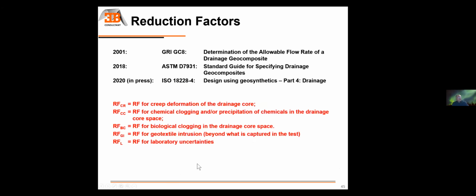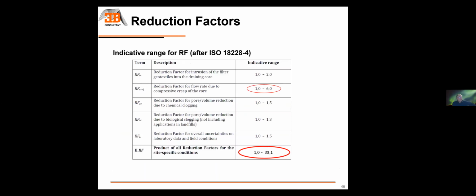Now let's go to the most important part actually. Reduction factors. Again, we have 5 reduction factors which need to be controlled to perform a proper design for a geocomposite. So we're going to go through that. If you look at how important these 5 reduction factors are in terms of design, the cumulative product of all these reduction factors can be as high as 35, which means depending on the values you get, theoretically you can have 1.